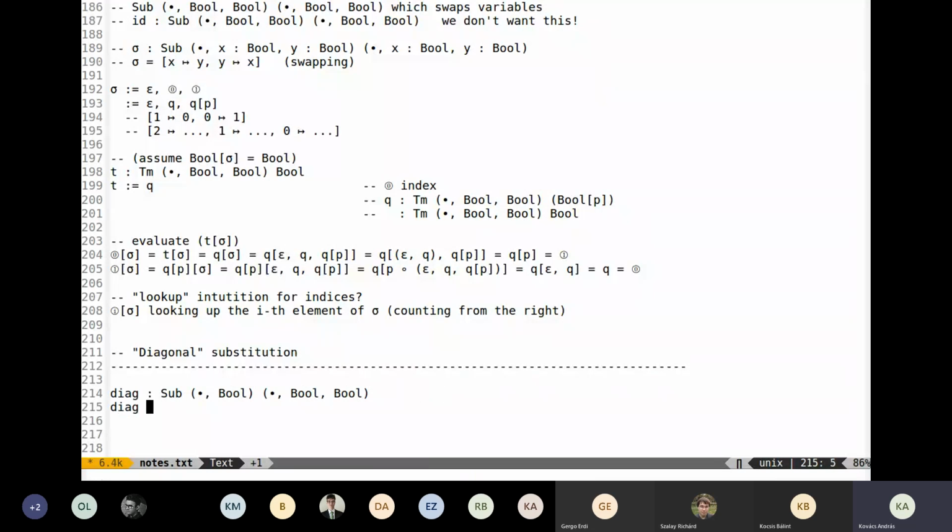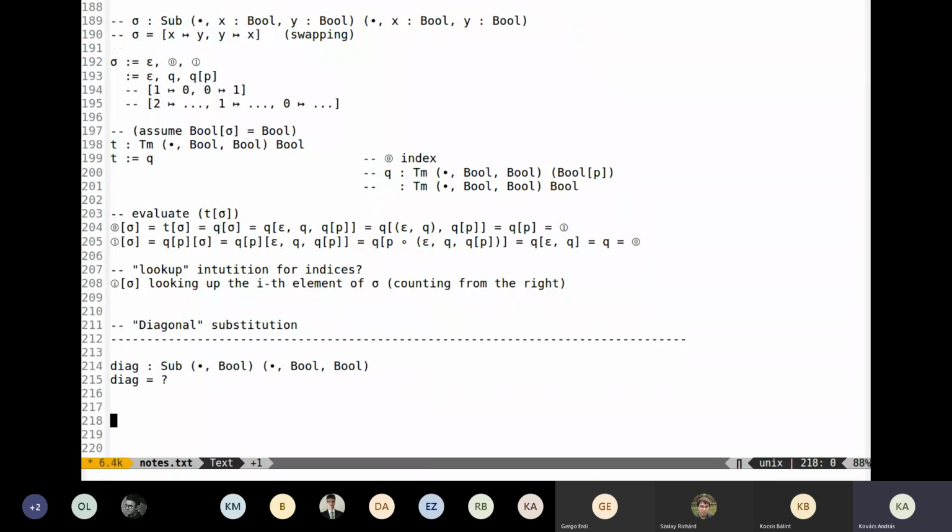Okay. And do you have any idea? So how can I define this diagonal substitution? How can I define a substitution which has this type?